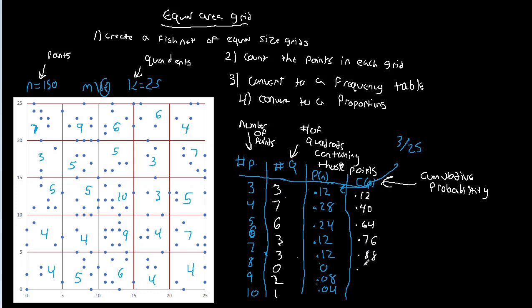This one doesn't have anything added, so it is also 0.88. 0.08 plus 0.88 is 0.96. And then finally, we add that 0.04 to get back to 1.0. Again, for cumulative probability, we're just taking whatever this row is and adding it with everything above it. That's all we did there.